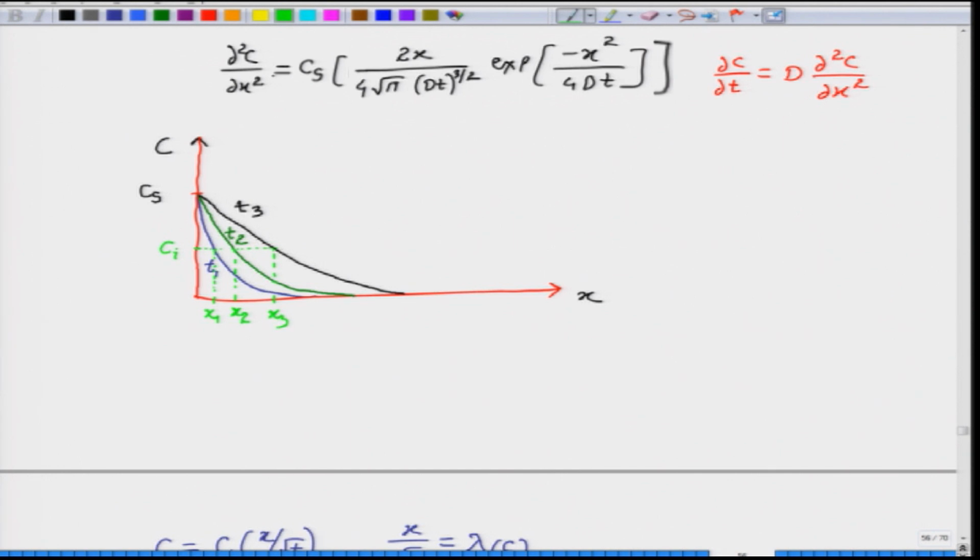What this relationship tells me is that x1 by root T1 equal to x2 by root T2 equal to x3 by root T3 and so on is a constant lambda, which is a function of Ci.